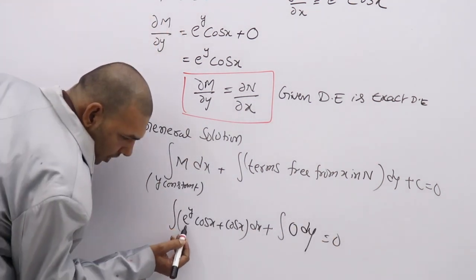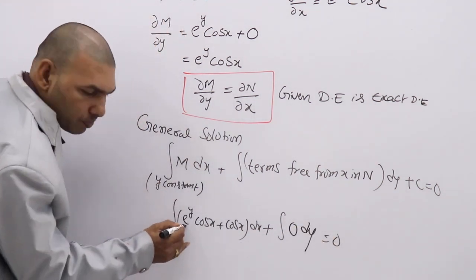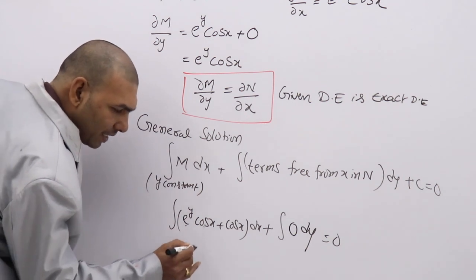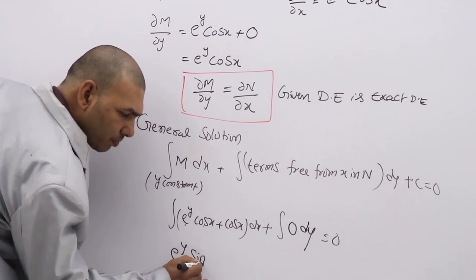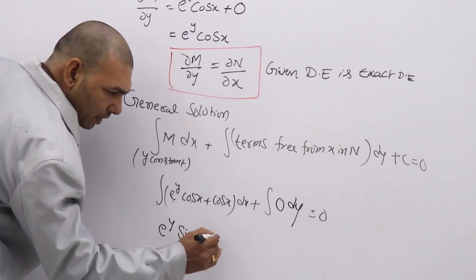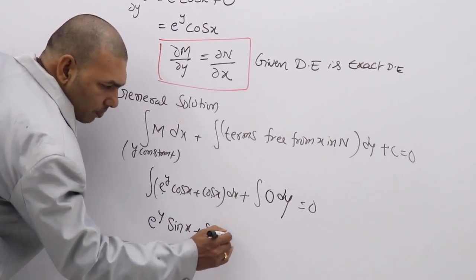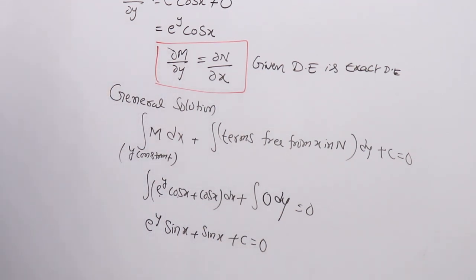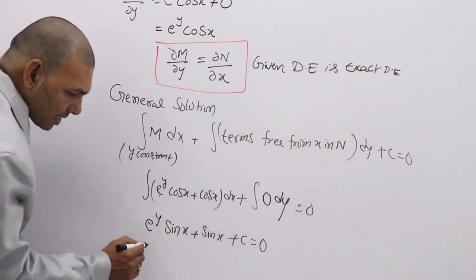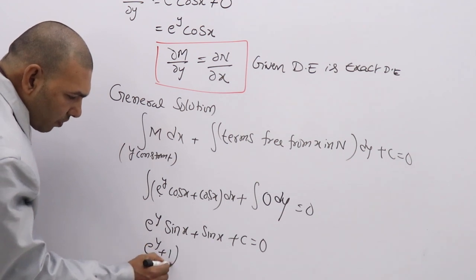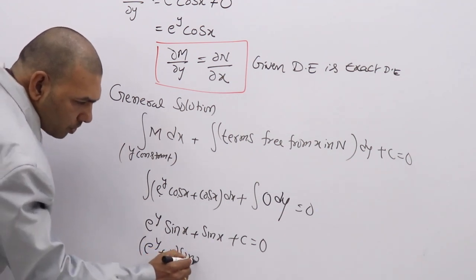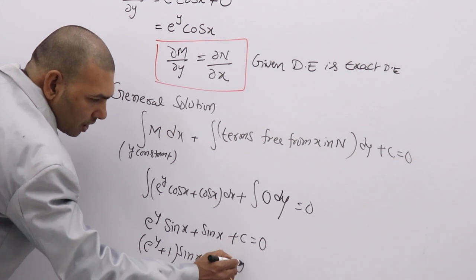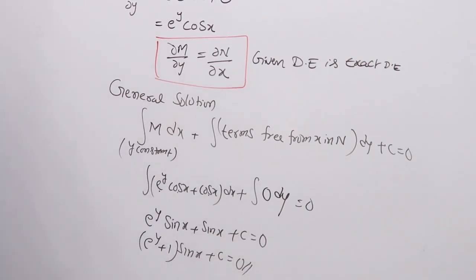Now keeping y constant, don't integrate y. So keep that one as constant. Integral of cos x is sin x. After integration, you need to add plus c, since it is indefinite integration without limits. Take sin x common: (e power y plus 1) into sin x plus c equal to 0.